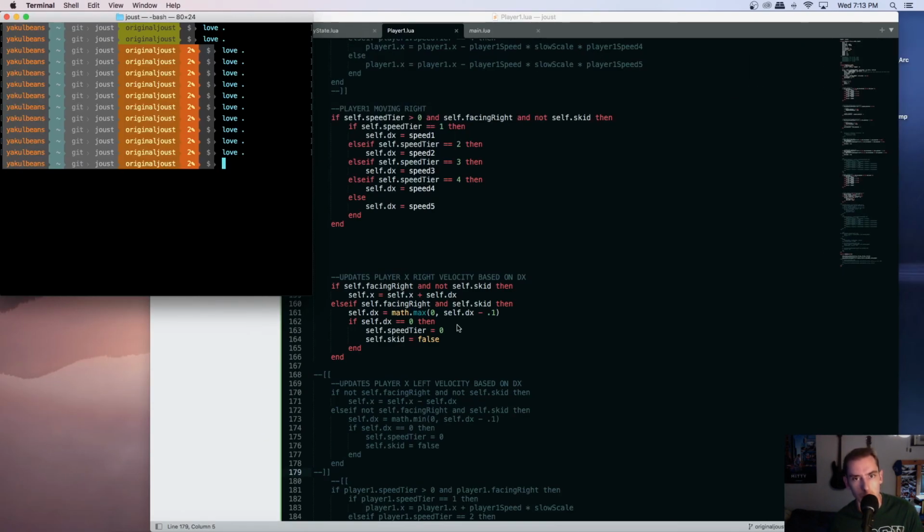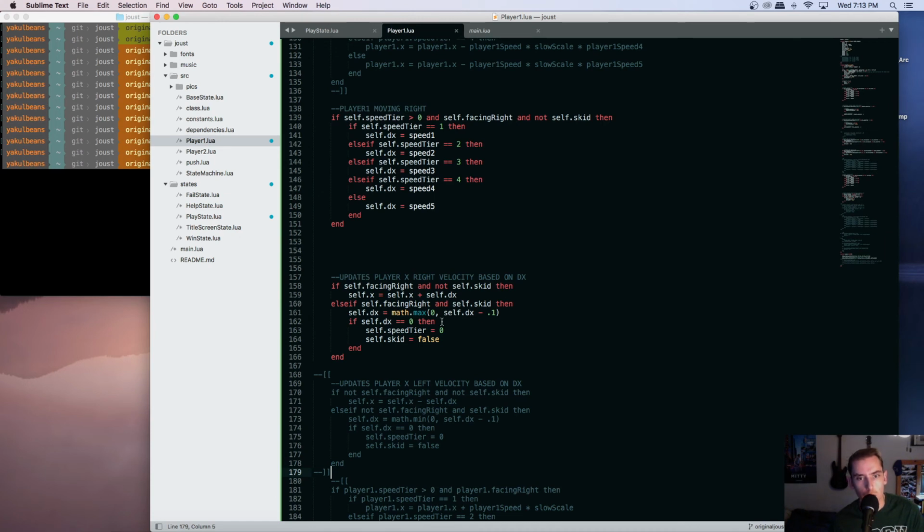So it does get set to true by that logic. So there's something faulty in the reset logic that is just setting skid equal to false right away, which we don't want. Gets self dx minus its self dx. Okay.